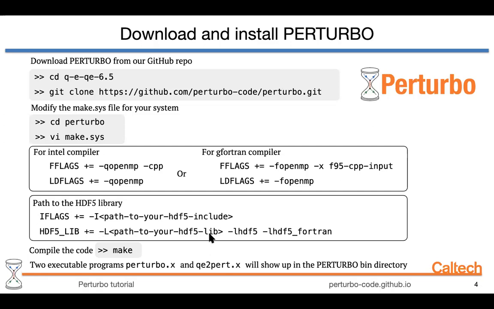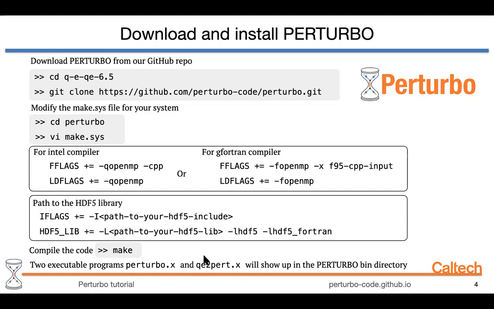Once you are done with the modification of the make.sys file, you save the file and simply type make. Then you will generate two executable programs. One is called Perturbo.x, and the other one is QE2per.x. This is the interface between Perturbo and Quantum Espresso.